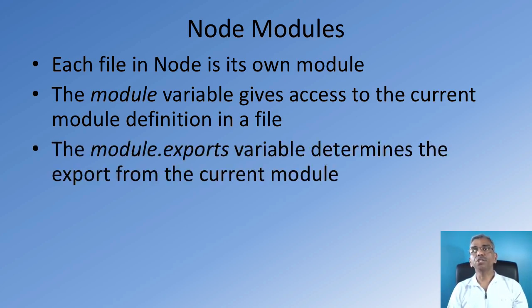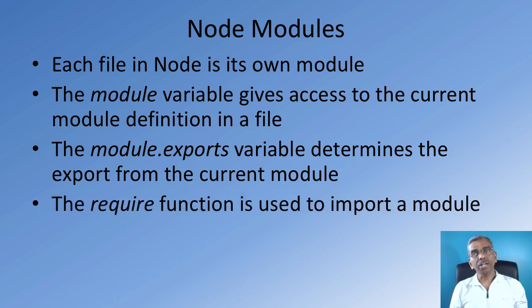And on this module object, you have the module.exports property, which determines the export from the current module. So when you assign something to the module.exports property, then that becomes the exported value from the current module, so that when this module is imported into another file of our Node application, then whatever is exported from this module becomes available in the second file. We'll look at an example in a short while.